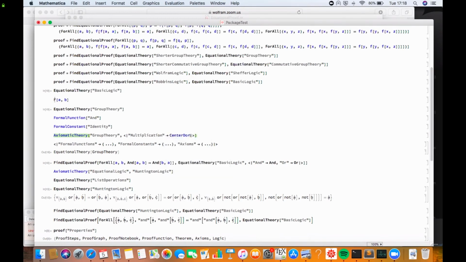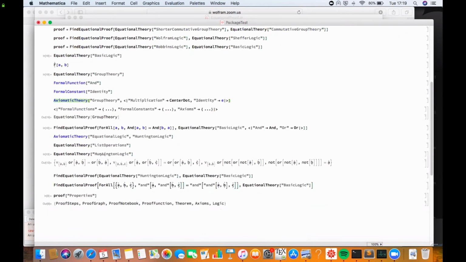And then you would say, comma, identity, quotes identity, arrow, whatever it is, E. That's a little bit more or less like Lean would do it, yeah. To basically say how you want a certain operation to format.